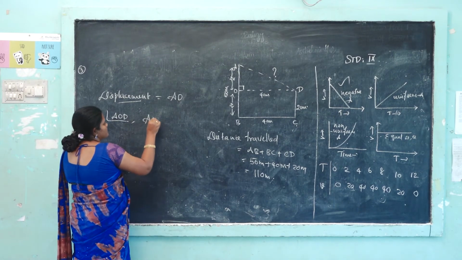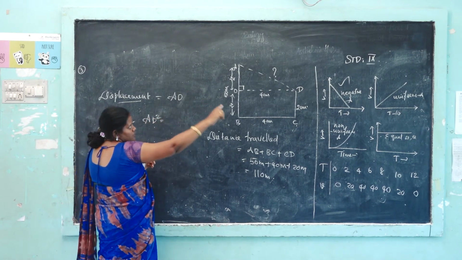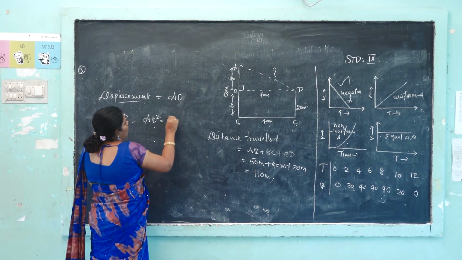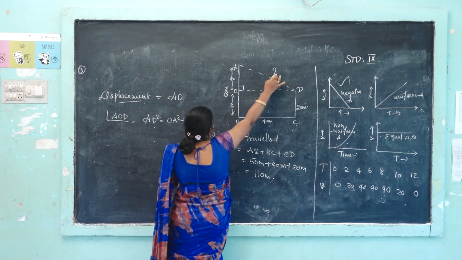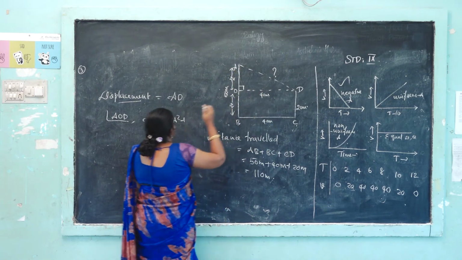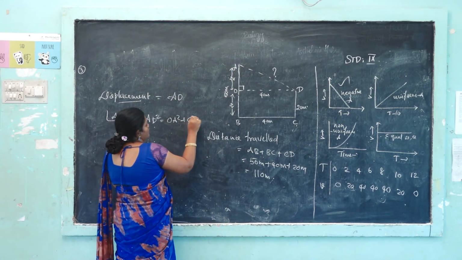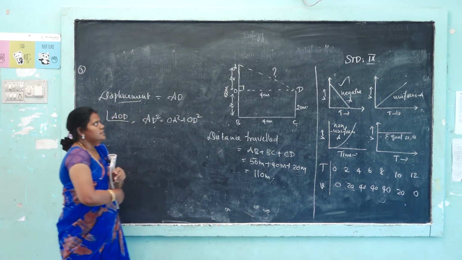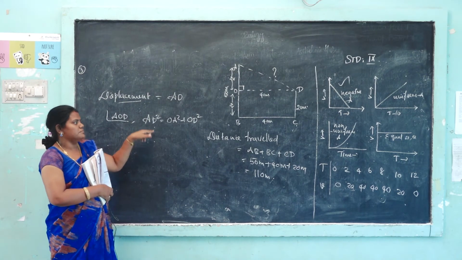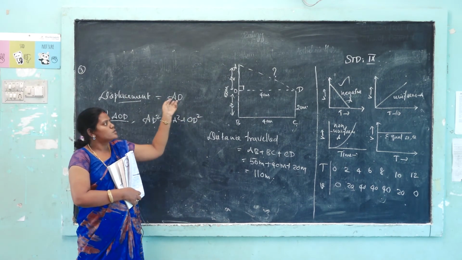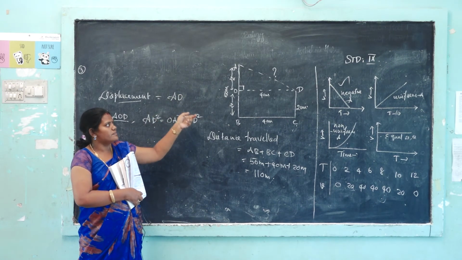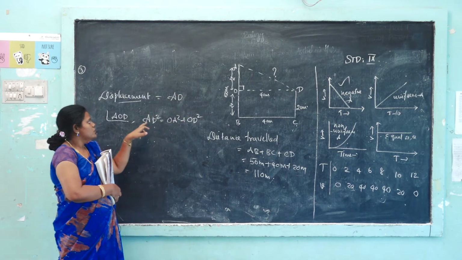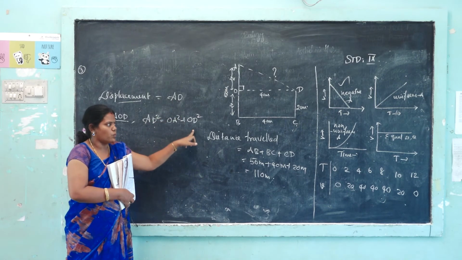AD square is equal to OA square plus OD square. Clear, ma? By the Pythagoras theorem, hypotenuse square is equal to the sum of the squares of the other sides. So AD square is equal to OA square plus OD square.